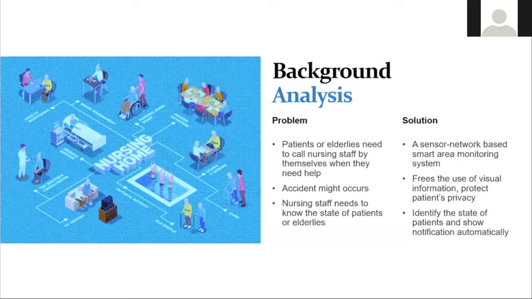It monitors the area in a non-intrusive way compared to camera. It frees the use of visual information, monitors the state of the room and patient's activity, and protects the patient's privacy at the meanwhile, which is more acceptable in the case of living area monitoring.